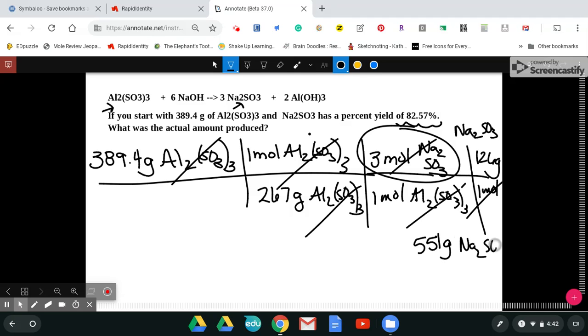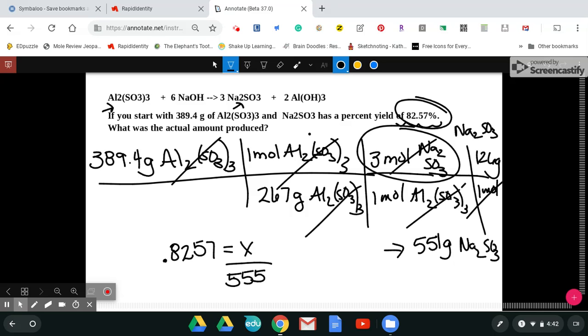Okay, so here's where it's going to be a little different. You know your percent, so write that down and move your decimal as if you hadn't multiplied it by 100, so 0.8257. We don't know the actual yield, but we know our theoretical to be 551.